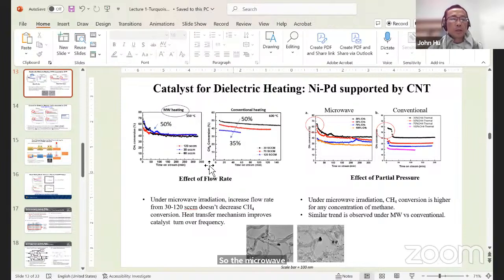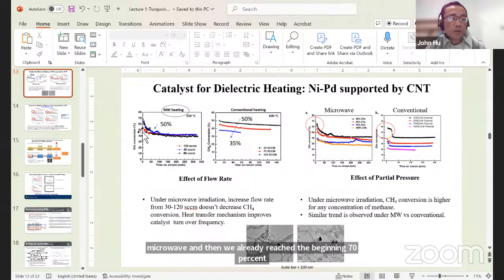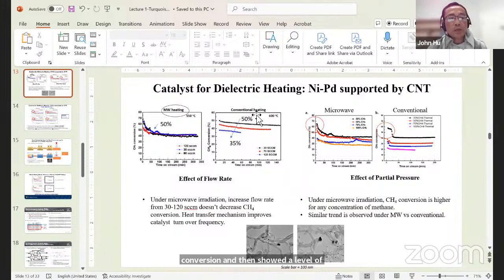So microwave heating compared with conventional heating: at 550 degrees C under microwave, we already reached the beginning 70% conversion, and then a conversion level of somewhere around 50%. Now, if you look at the conventional heating, which is thermally heated, at 600 degrees C it has only reached 50% conversion.